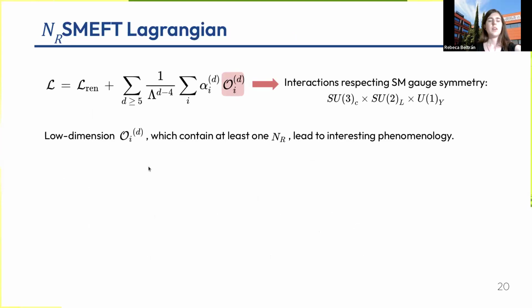In this theoretical framework, besides the right-handed neutrino kinetic and mass terms, we write down all the higher dimensional operators containing this field which respect the standard model gauge symmetry. As I said, the most relevant operators, at least from the phenomenological point of view, are those of lower dimension. So we are interested in dimension 5, dimension 6, or even dimension 7 operators.